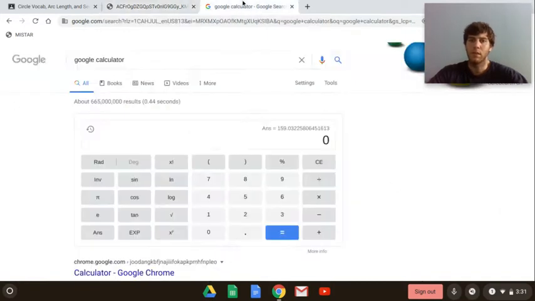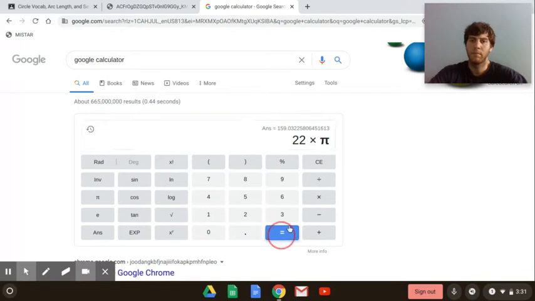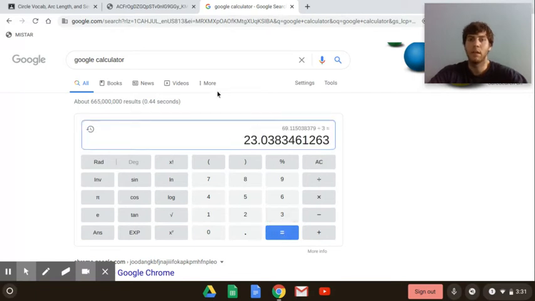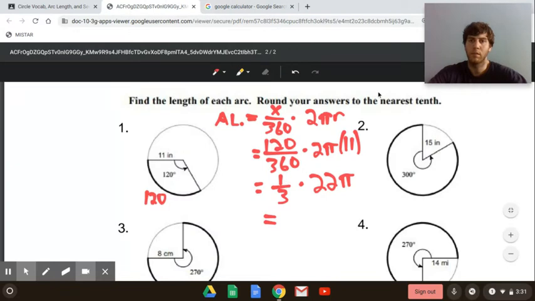We can put that in our calculator, 22 times pi, and then divide by 3, or multiply by 1/3. That's 23.04, so let's do 23.0 to the nearest tenth. And that's going to be inches.